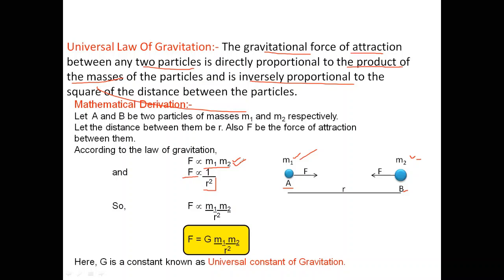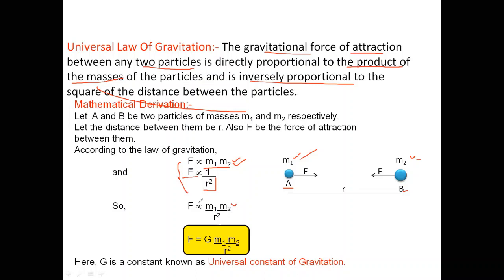On combining these two, we can write F is directly proportional to m1 into m2 divided by r square. So the force of attraction between any two particles of masses m1, m2, at distance r, is directly proportional to the product of their masses m1 into m2 and inversely proportional to the square of the distance between them.